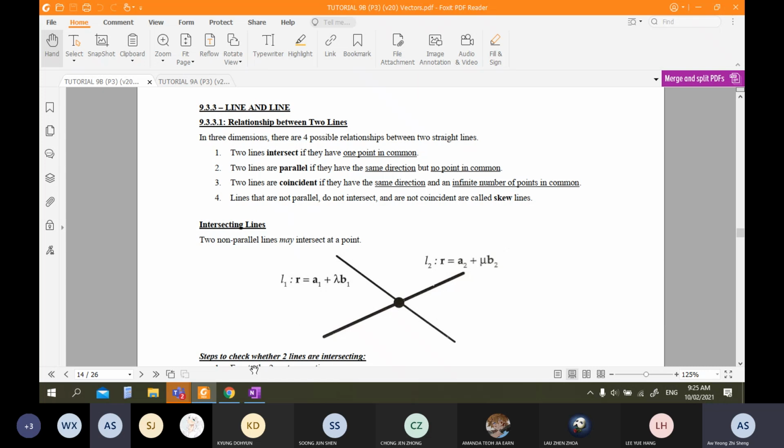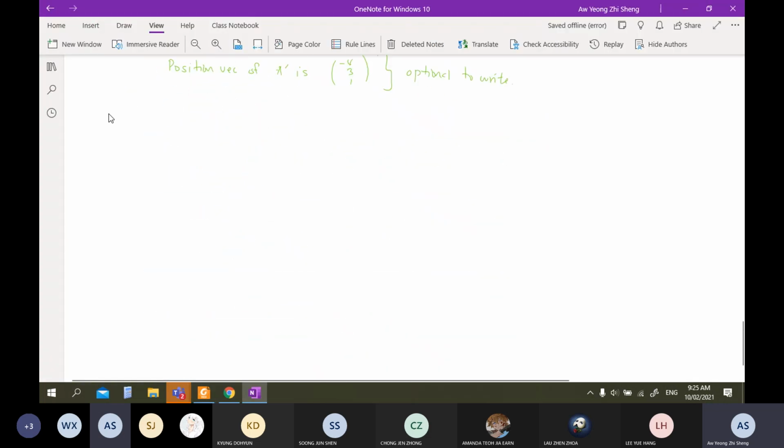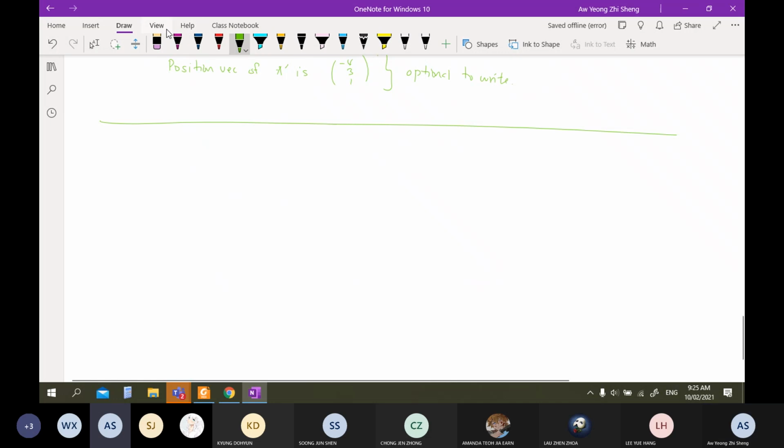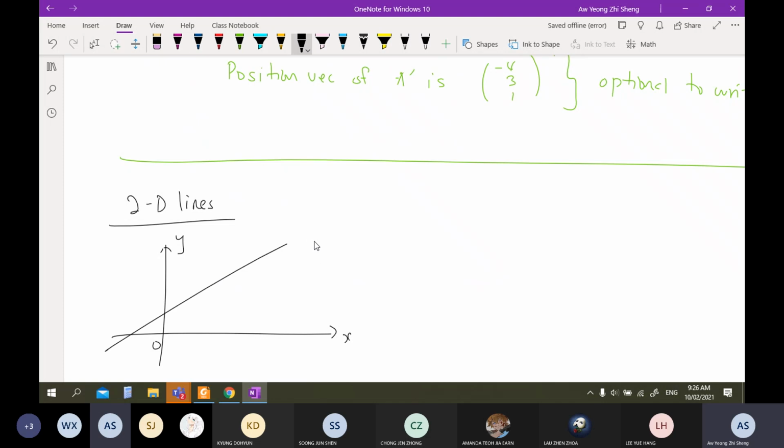Maybe I should show you for two dimensions first. For 2D lines, let us say I have a usual XY plane here. If this is L1, this is L2, here's the first possibility where they are intersecting lines.